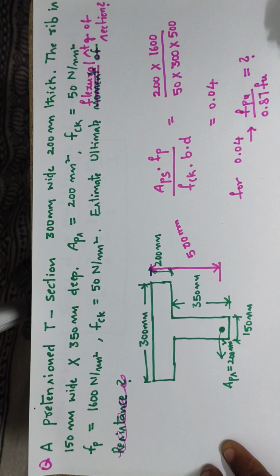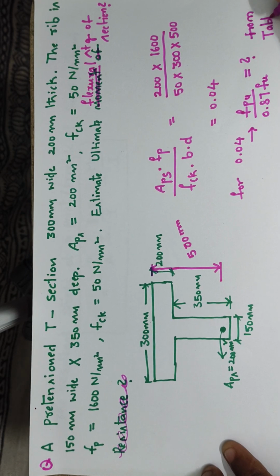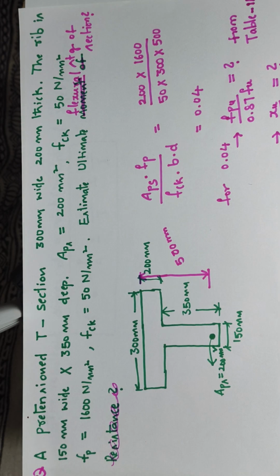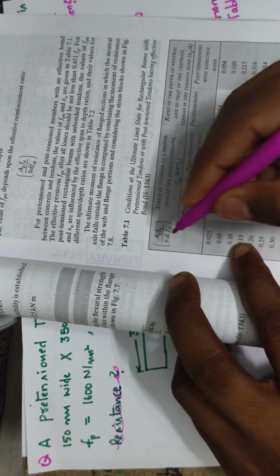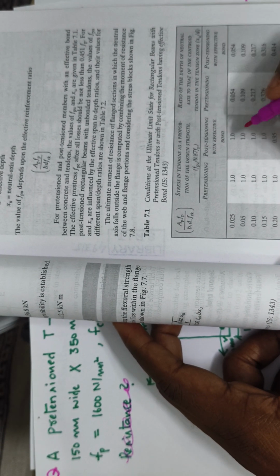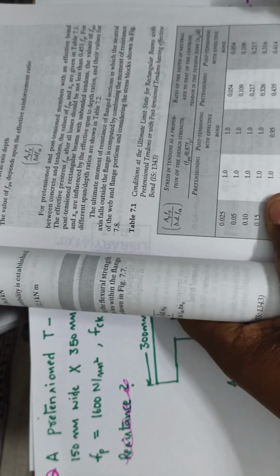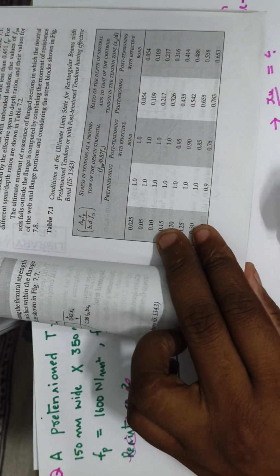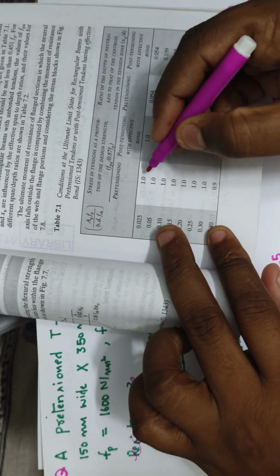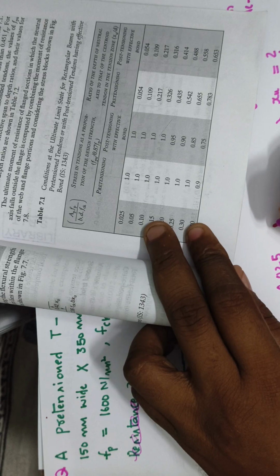Okay, we can get these values from table 11, right? See, for 0.04 we need to determine. For 0.025, the value is 1.